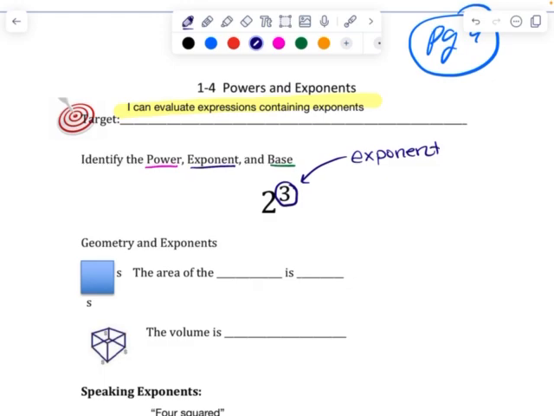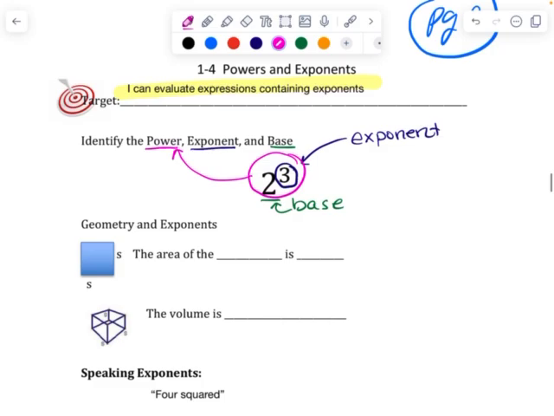The base is the bigger number down below. And when I talk about the power, I mean the whole thing. So just a few words that clarify power, exponent, and base.